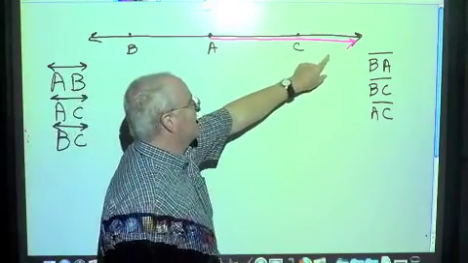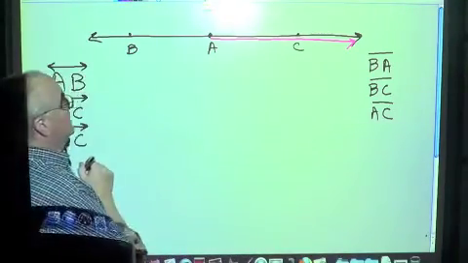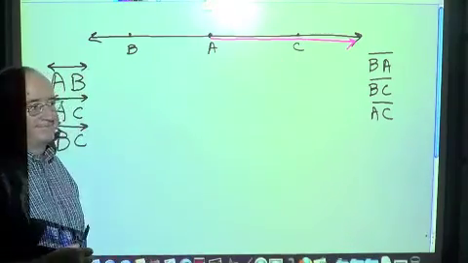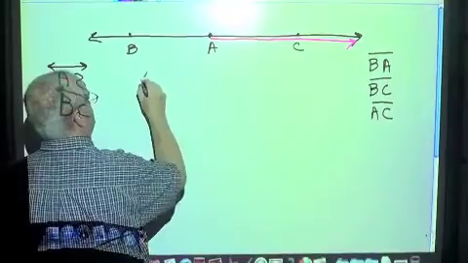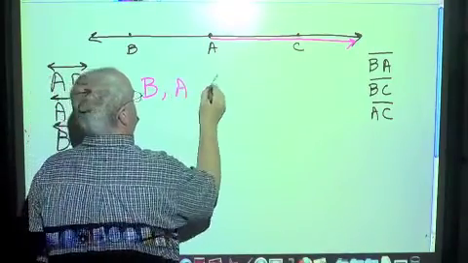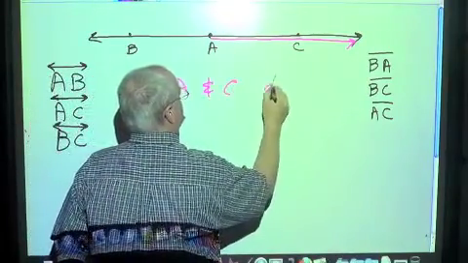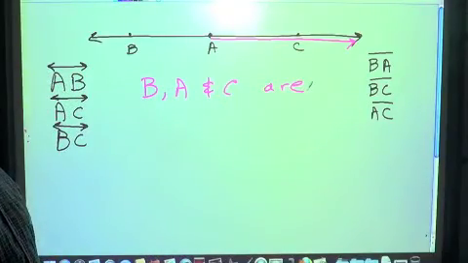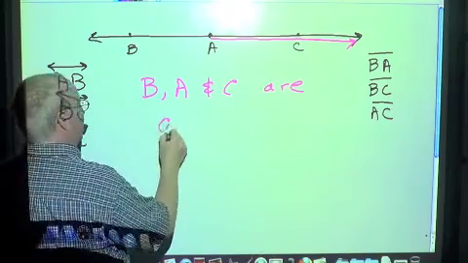Look at ray AC and ray AB. Tell me about these points A, B, C. B, A, and C are what? They're on the same line. What do we use for saying they're on the same line? They are collinear.